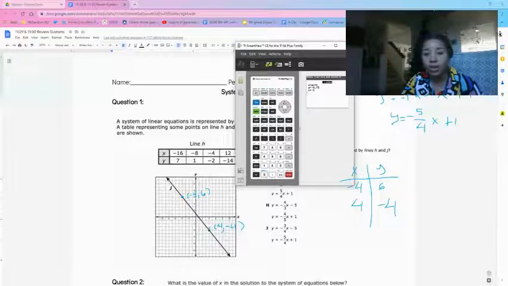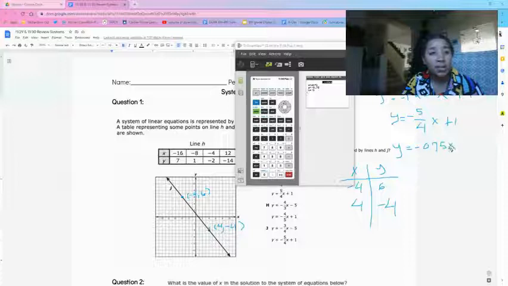So we have this one, which would be y = -0.75x - 5. Now I'm going to box these because these are going to be the decimal ones.